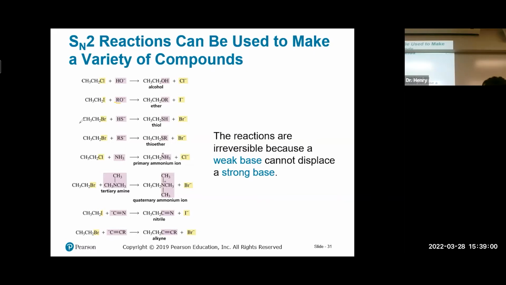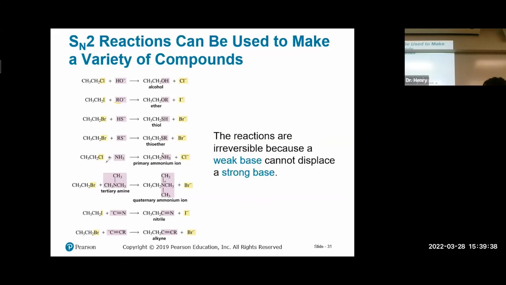If you have the primary halide reacting with hydrogen sulfide ion, then you're going to get a thiol group. If you have a terminal or a primary halide reacting with a carbo thio, then you're going to get a thioether.